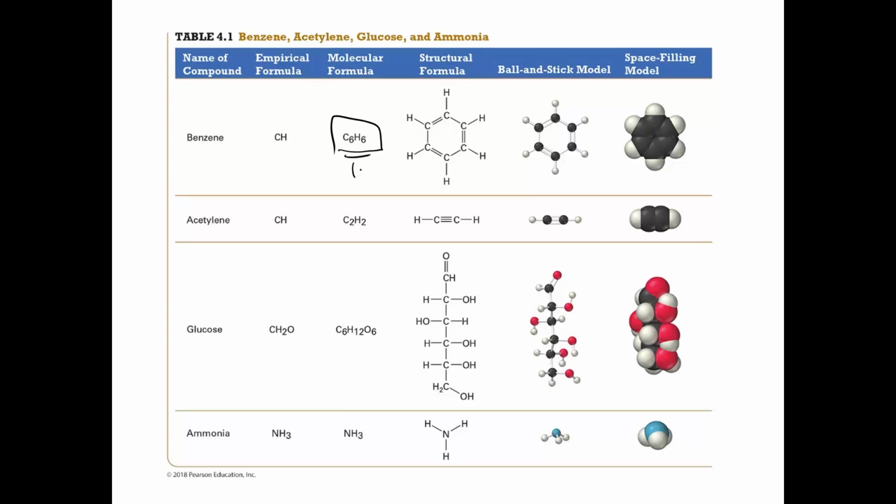And of course, you can divide that by 6, so the empirical formula is just CH in this case. It's the same thing for acetylene, which is C2H2. It's also just CH. So the empirical formula for benzene and acetylene is the same, but the molecular formula, of course, is different, and it's a completely different substance.